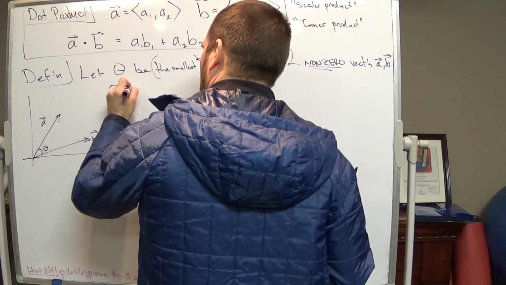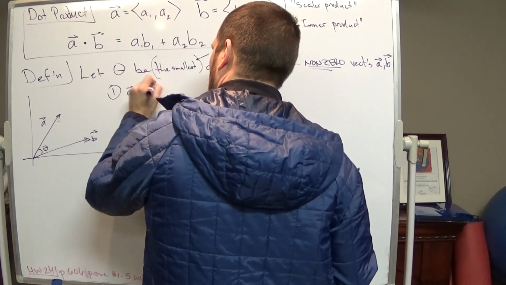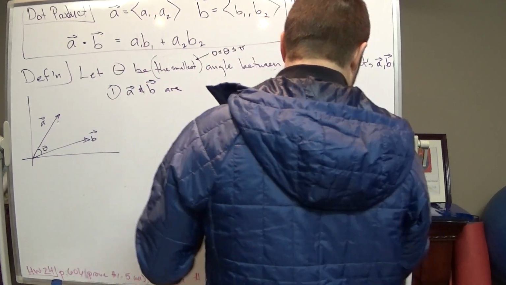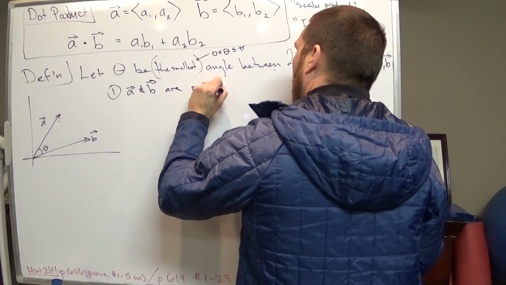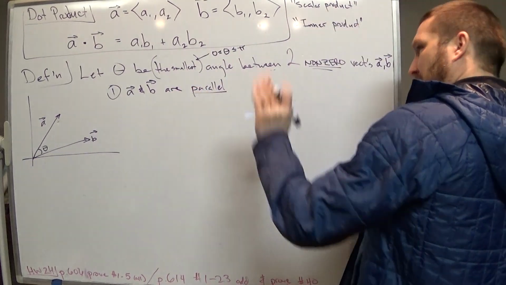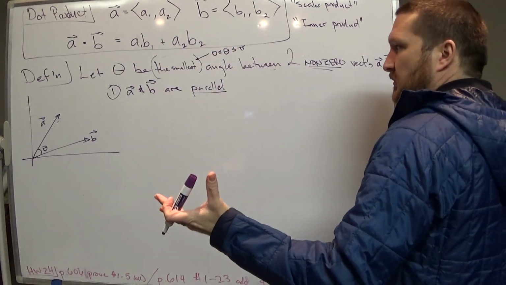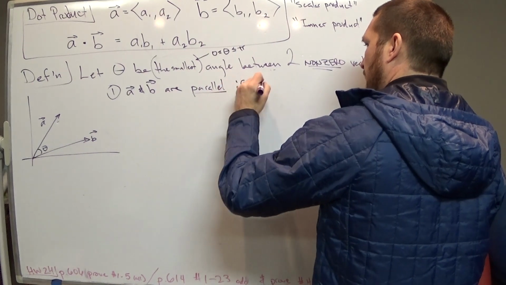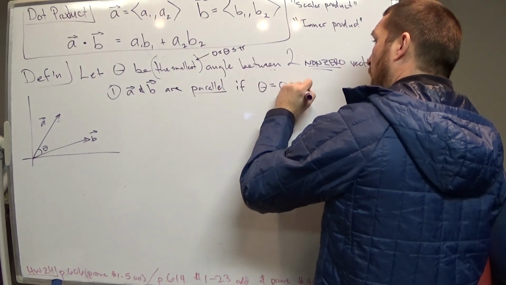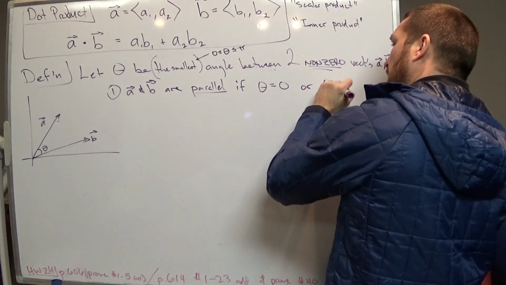One, A and B are parallel. What does parallel mean in terms of vectors? A and B are parallel if theta is equal to 0 or theta is equal to pi.